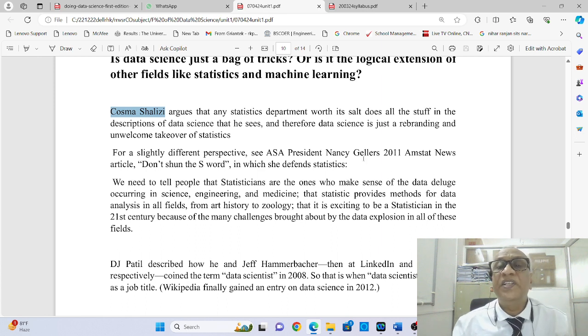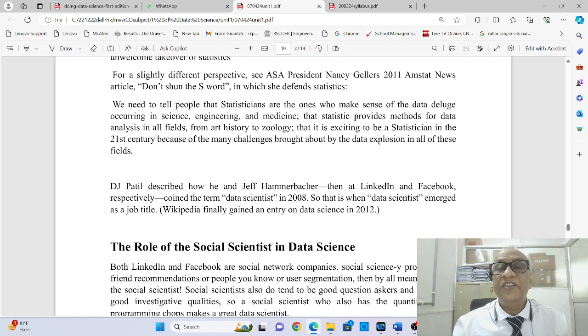You have Nancy Geller, who again defends statistics. What she says is that statisticians are the ones who make sense of the data. And she says that being a statistician is very exciting because there are a lot of challenging problems. There is data explosion occurring.